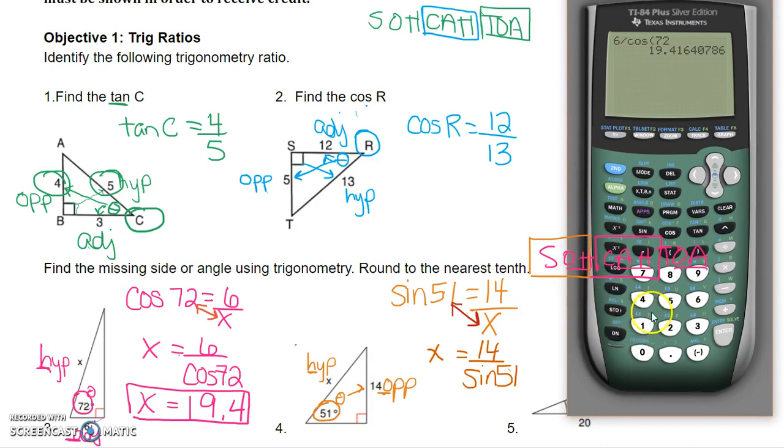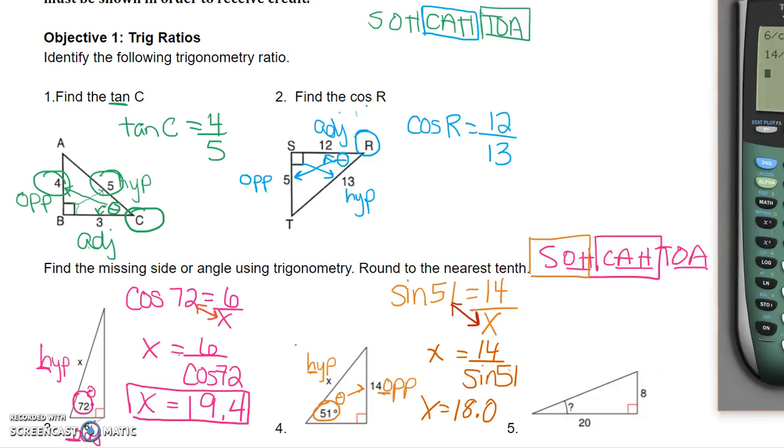Now I'm going to type in 14 divided by sine of 51. Enter, and my x is going to equal 18.0 since I'm rounding to the tenth place.